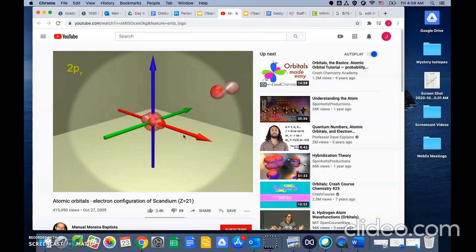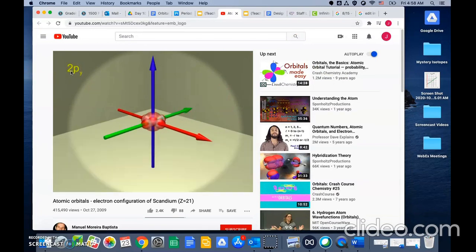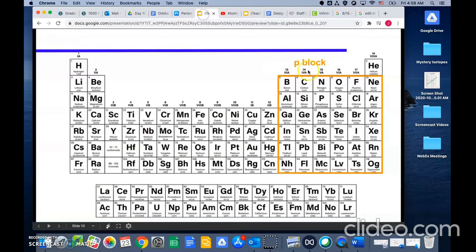Those numbers out front there, the 2s, tell you which period on the periodic table you have to look to find them. For example, right now they're showing 2p, so they're talking about the second period, the second row.